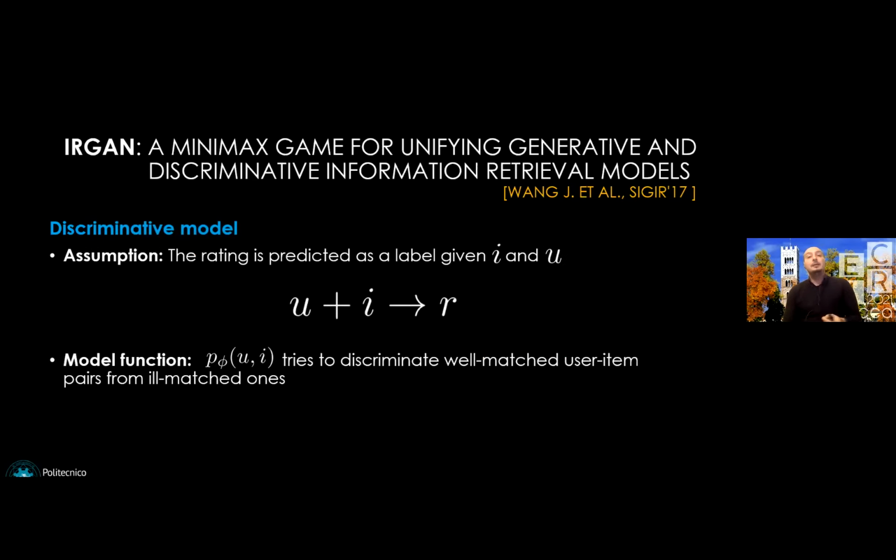Moreover, we need to make another assumption that there could exist another relation between a user-item pair and a numerical value that we call rating. And here the discriminative model wants to establish if this relation holds or not, and in case, the numerical value.